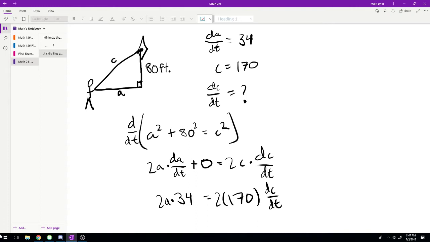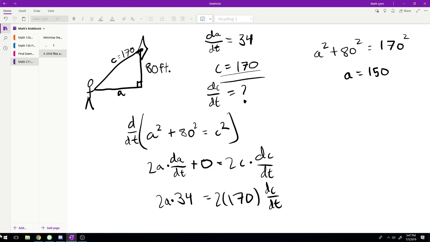Let's again make use of the fact that c is equal to 170. If c is equal to 170 at this point, then we can figure out what a, the horizontal distance, is at this point, again using the Pythagorean theorem. We'll do that up here. So a squared plus 80 squared equals 170 squared. If we solve this equation, we get that a is equal to 150.